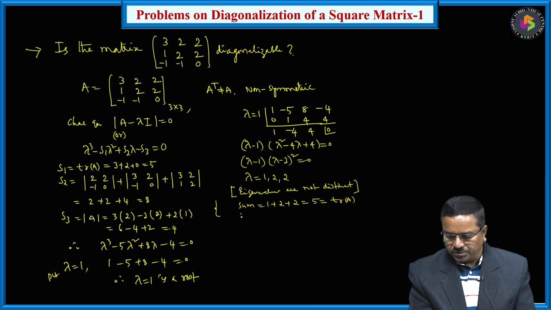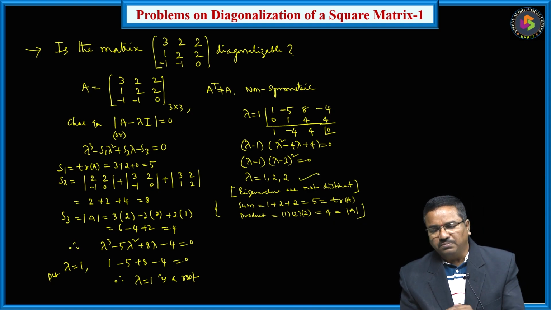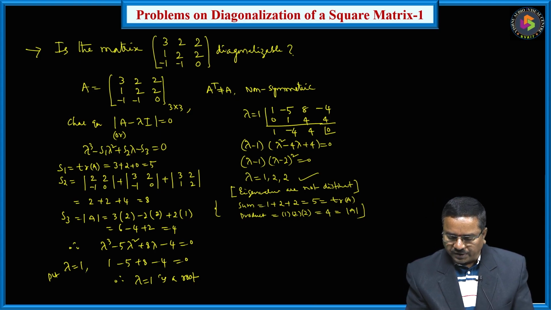Then the product. What is the product? 1 dot 2 dot 2 is equal to 4. That is equal to determinant of the matrix. So, satisfied. Therefore, these are correct. So, before proceeding to the eigenvectors, compulsory check it by these two properties. Okay. So, we will move to the eigenvectors.